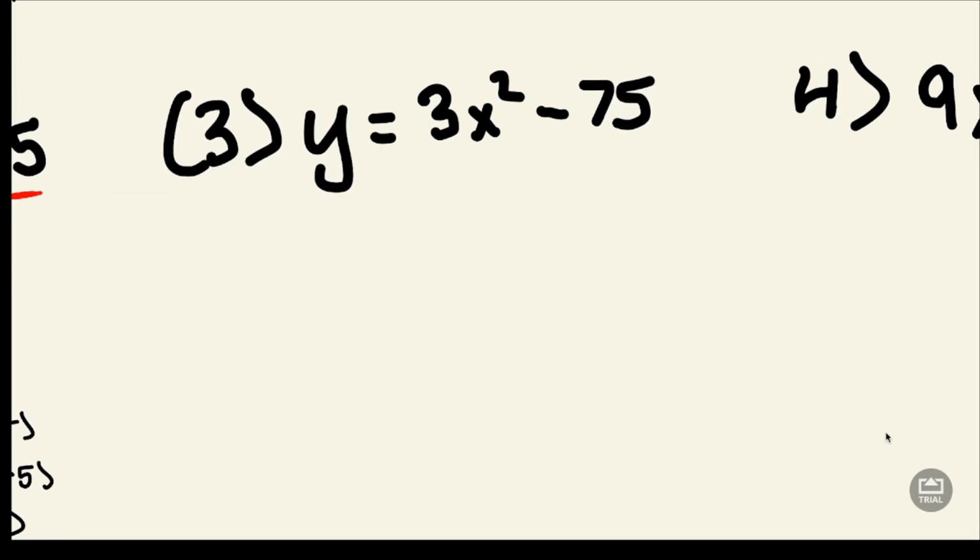This one now looks complicated because you would think it's a difference of squares, but again, 3 is not a perfect square and 75 is definitely not a perfect square. So in all questions, what you also try to do in factoring is look first at whether the whole thing has a greatest common factor. Can you take anything out? That's usually what you do first.